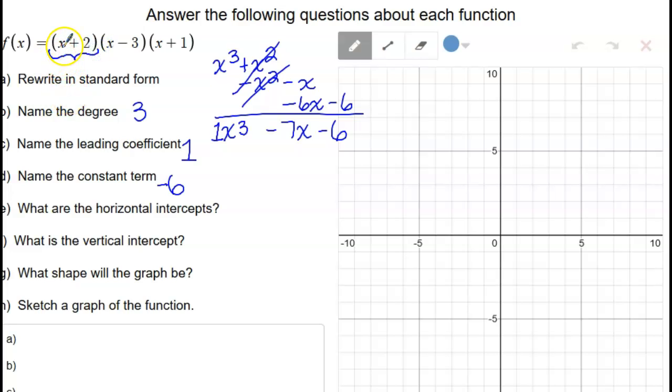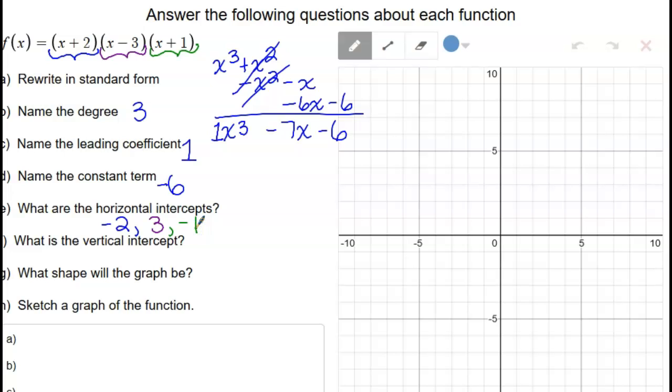So if I put a negative 2 in here, negative 2 plus 2 is 0. For this next one, what value of x is going to make just this factor equal to 0? So that would be a positive 3. And then for the last one, again, what value of x can we put in here so that just this factor is equal to 0? And that would be negative 1.